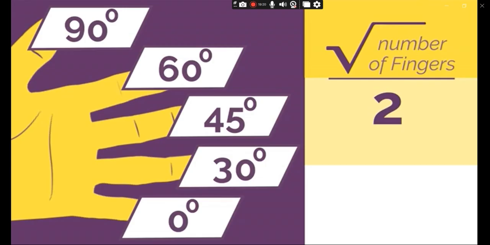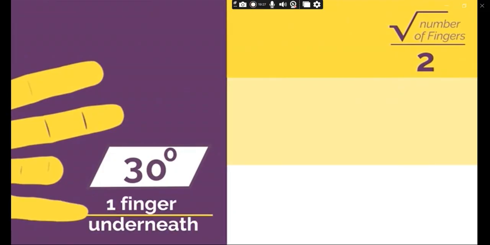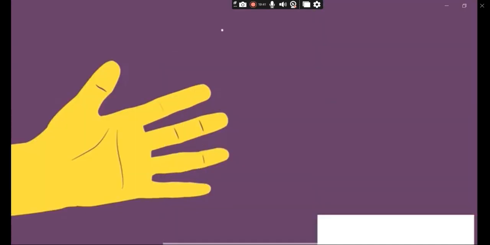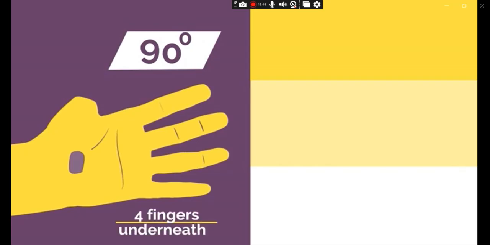So if we wanted sine 30, we'd bend down our 30-degree finger, and you just have your baby finger underneath. So sine 30 is square root 1 divided by 2, because there's only one finger underneath, which simplifies to a half. If we wanted sine 90 degrees, you'd bend down your 90-degree thumb, and so you have 4 fingers underneath.